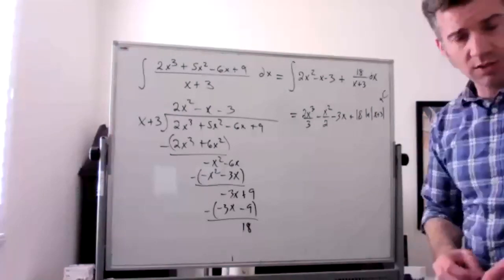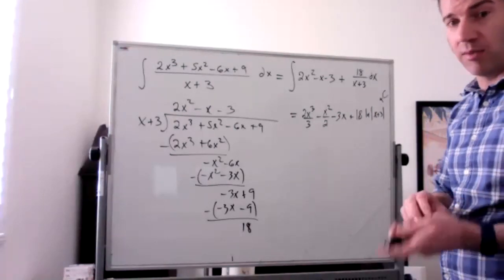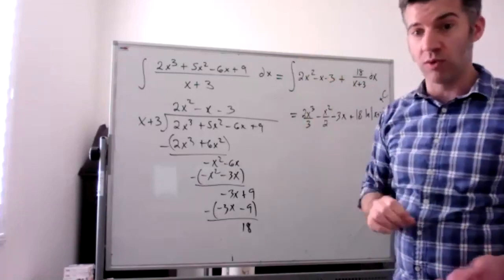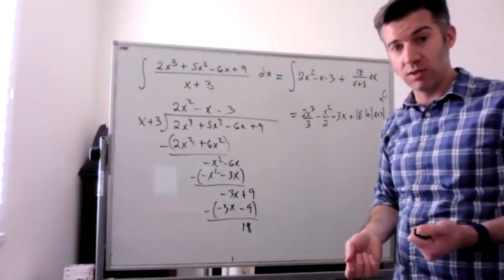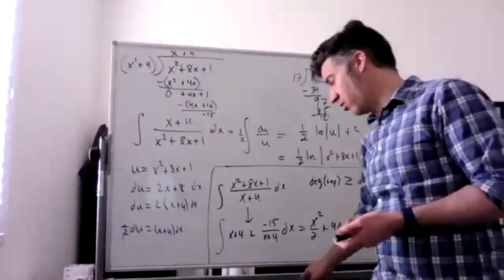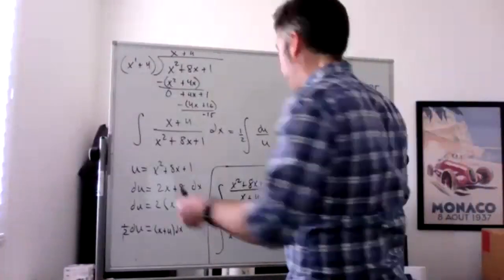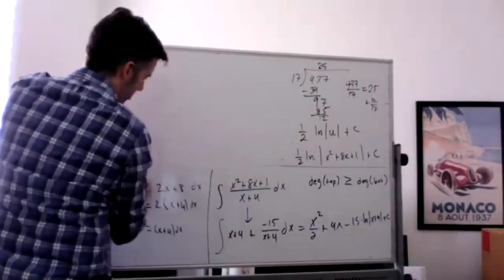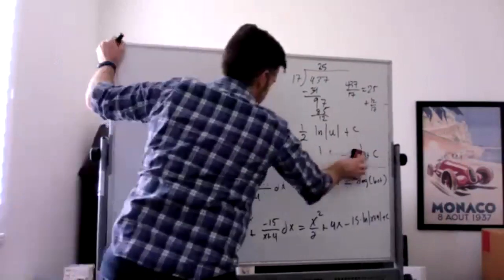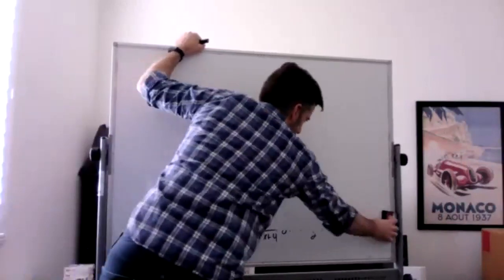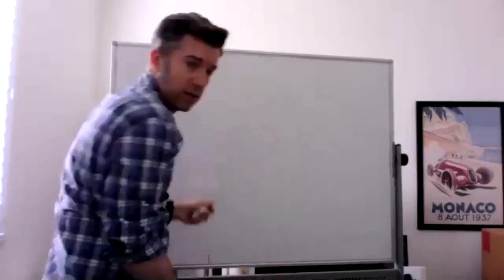Definitely if the degree on top is greater than or equal to the degree on the bottom, you don't always absolutely have to, but most of the time you have to do polynomial division. There are a couple of exceptions to that. In fact, this next example is an exception. So I'll show you this one 2 different ways.